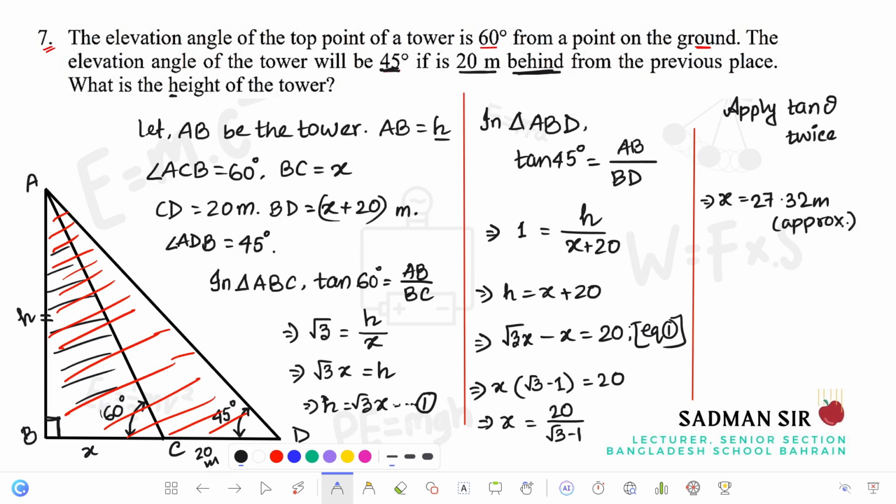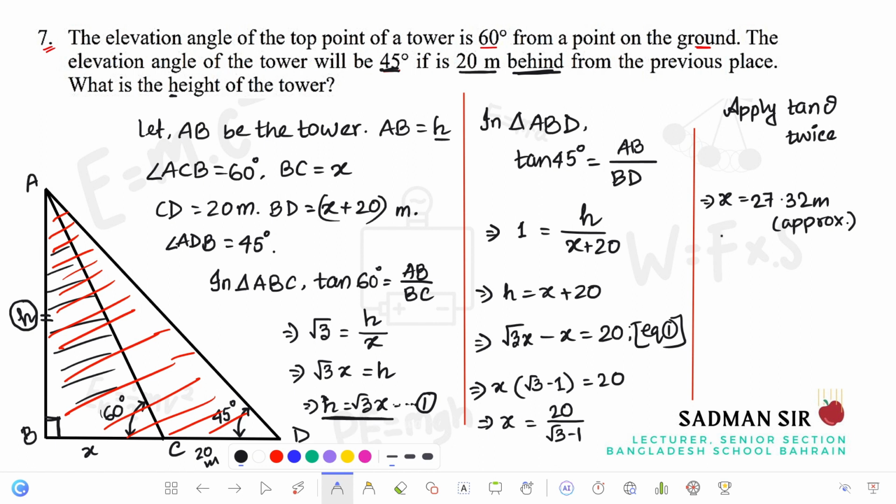Now, is that our final answer? Notice that they told us to find out the height of the tower, and the height of the tower is H, not X. Okay, so we got the value of X, but we can use it to find the value of H from equation 1, right?